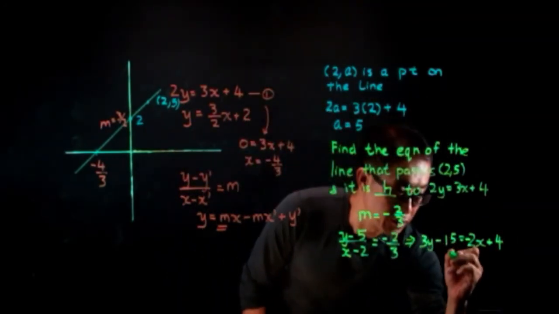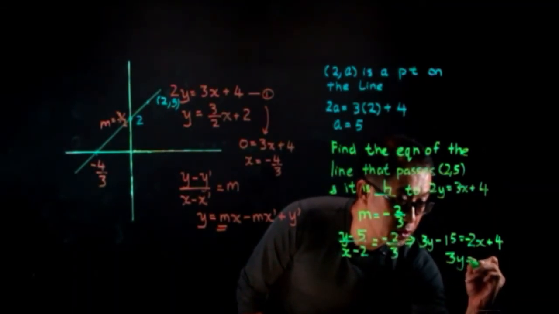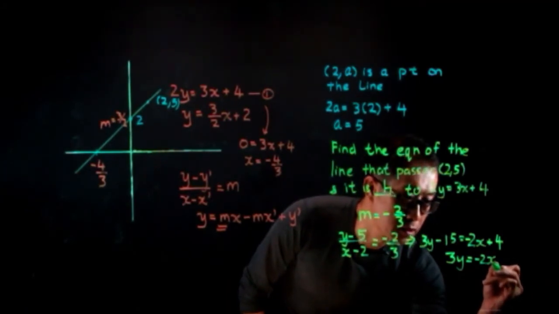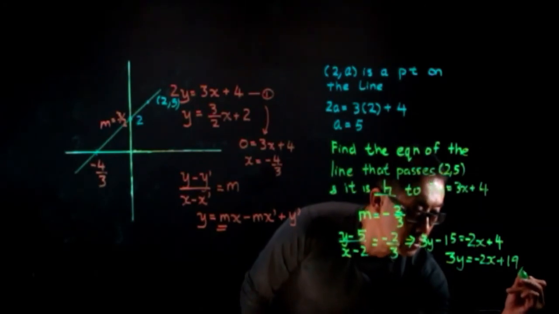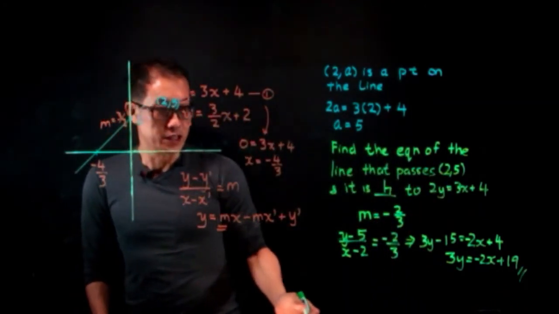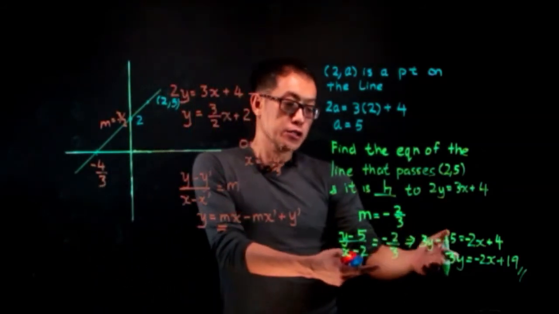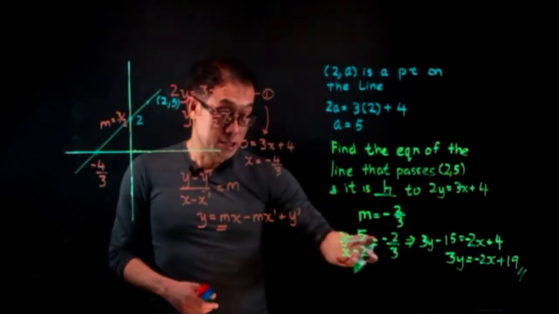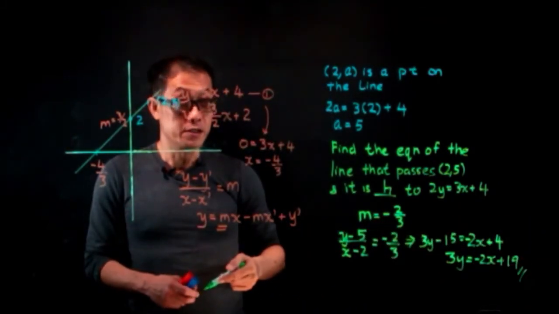Alright, so you can do a rearrangement and simplify, so you get 3y equals minus 2x plus 19. Alright, that is the equation of this line. It is not necessary to put it in a general form or y equals mx plus c form. You can just leave your answer this way because it is the same equation.